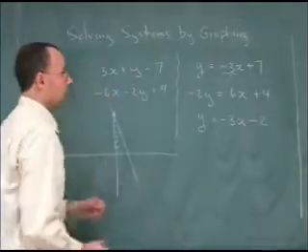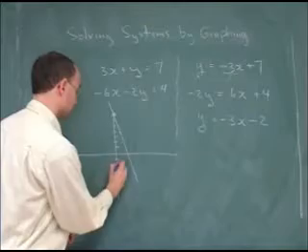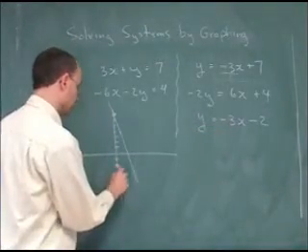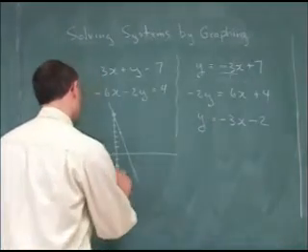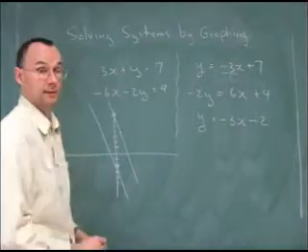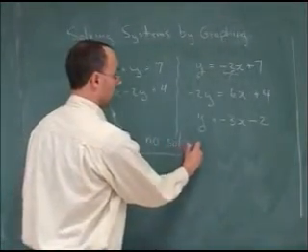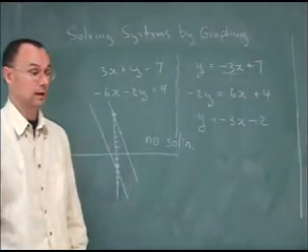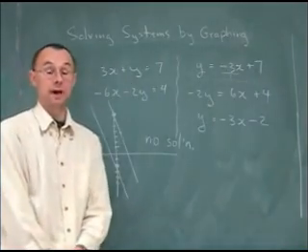And when we go to the other equation, it has a y-intercept of negative 2, but the same slope, negative 3. So go down 3 and over 1. What you have happening here are parallel lines. So there is no intersection point, i.e. no solution. Okay? And that's my conclusion of solving systems by graphing.